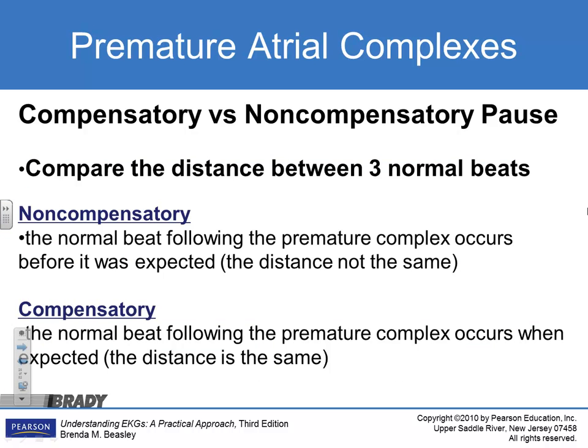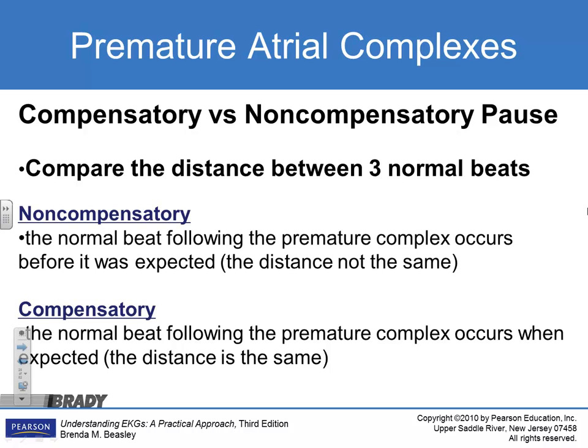Compensatory versus non-compensatory. I put this up here because I wanted you to understand it, because your book just kind of glosses over it. With non-compensatory, the normal beat following the premature complex occurs before it was expected. So sometimes it keeps a regular rhythm and there's just this dropped beat that almost looks like, if you see the ectopic beat, it's close, but if you moved it over, it would look like a normal sinus rhythm.